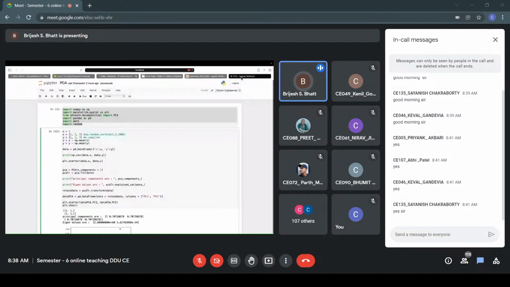So this is the notebook file, and the first thing is the usual imports that we do. NumPy library, Matplotlib library.